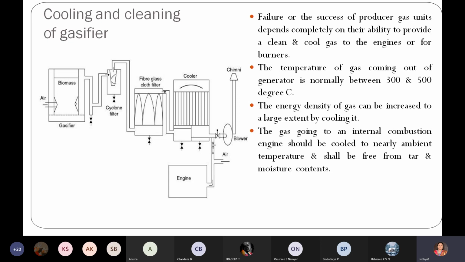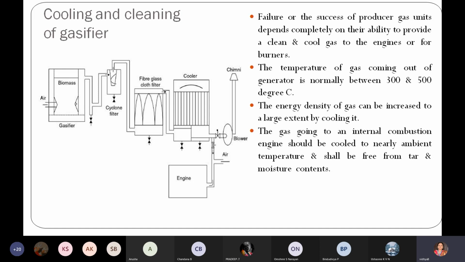Or for burners. The temperature of gas coming out of the generator, here it will be the generator, the output we get from the generator, they are saying is 300 to 500 degrees Celsius. The energy density of gas can be increased. How can it be increased? The energy density of gas can be increased to a large extent by cooling only.